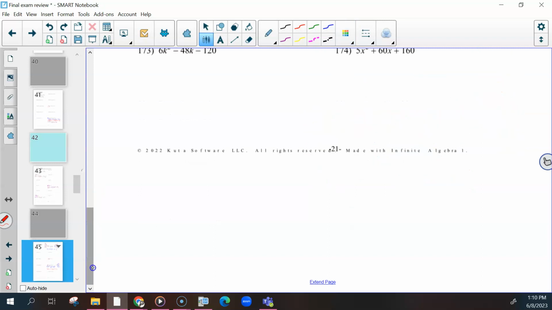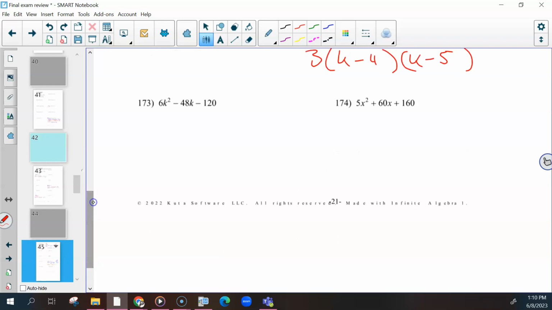Does that one have a GCF, 174? You have x squared plus 12x plus whatever. 32. So then we're looking for two numbers that multiply to be 32 and add to be 12.